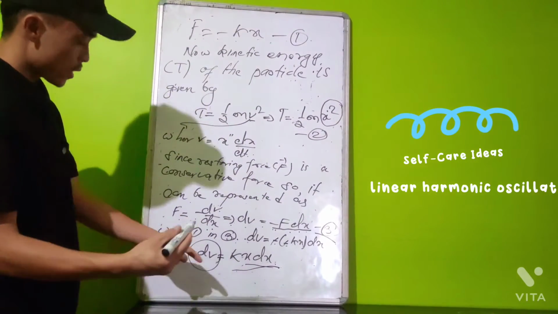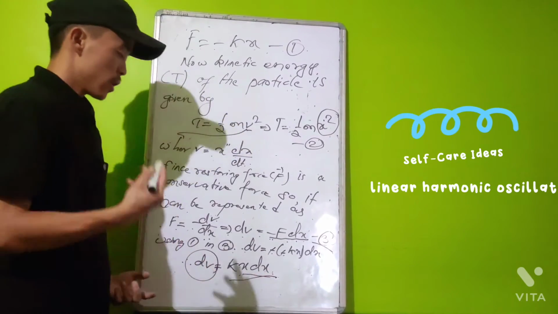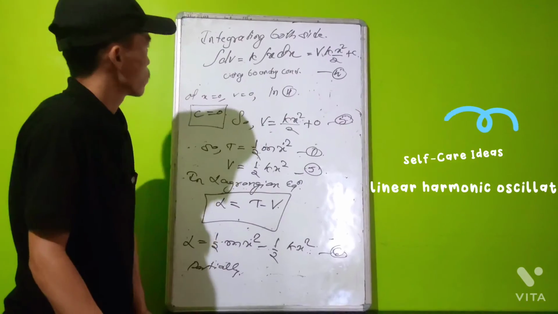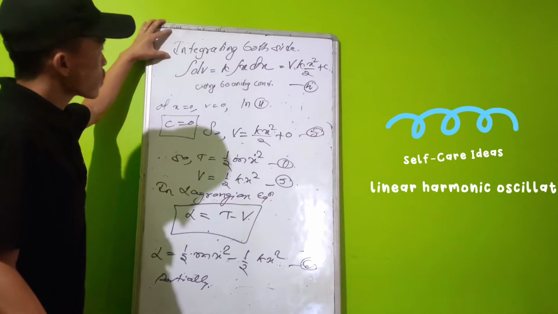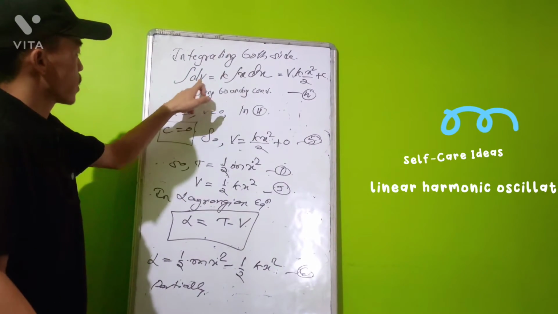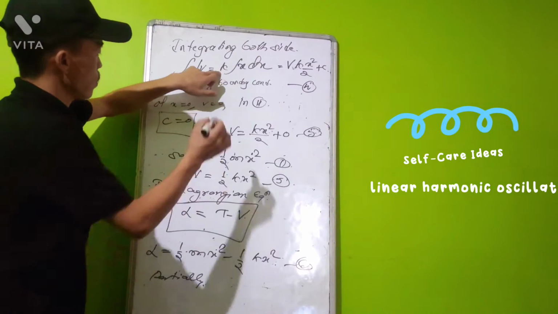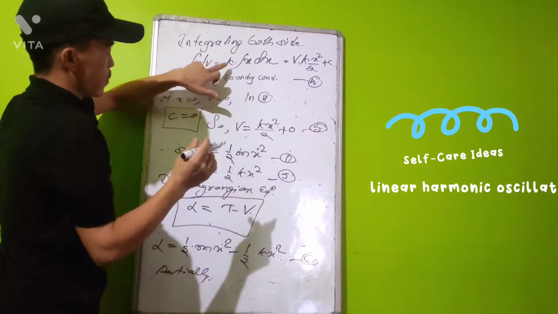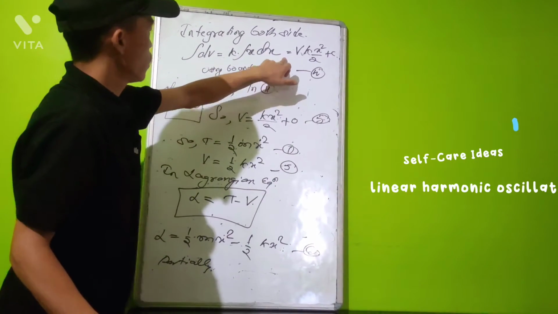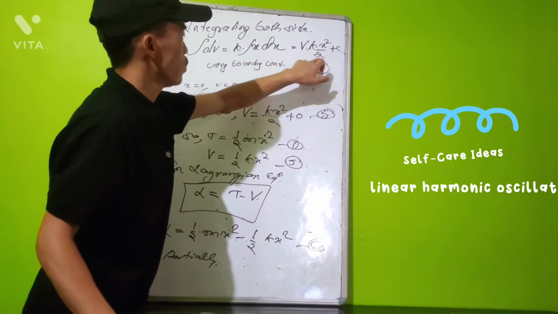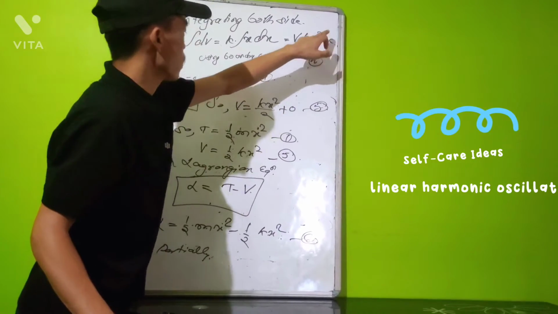Now we will be integrating both sides. Integration of dV is equal to, k is our constant so it remains as it is, and the integration of x dx is equal to V equals kx square by 2 plus c, where c is our constant.